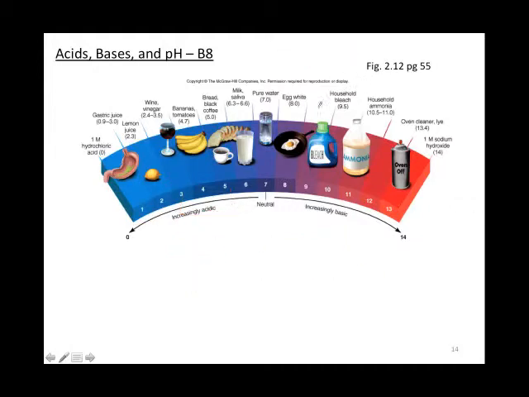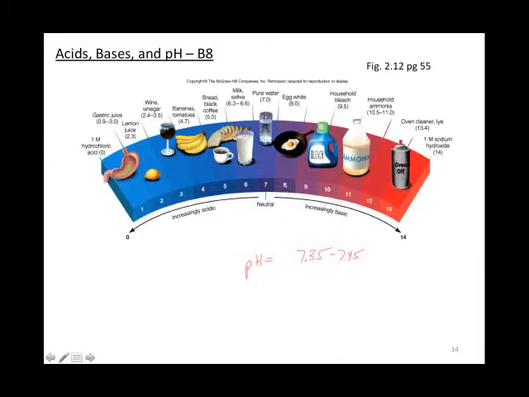Now, why do we talk about pH? Well, blood and solution pH in the body is very important. There's a very small window for pH in the body, and the pH range of the body is 7.35 to 7.45. That is the basic range. So is that on the slightly acidic or slightly basic side?